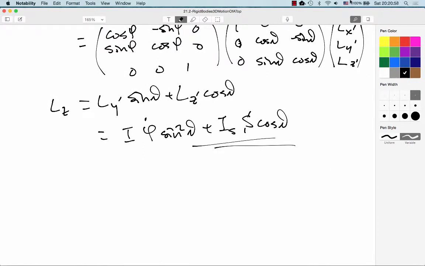Okay, it's not surprising because the torque vector is directed along the line of nodes, and that's perpendicular to both z prime and z.